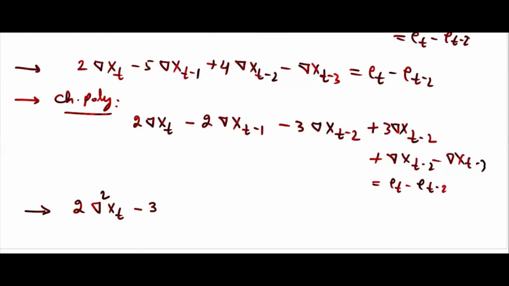So you should get, yeah, I compensated this one. Then I had to write plus 3x_{t-2}. The first two terms are here, okay? So then this one is over. Part of this is over.